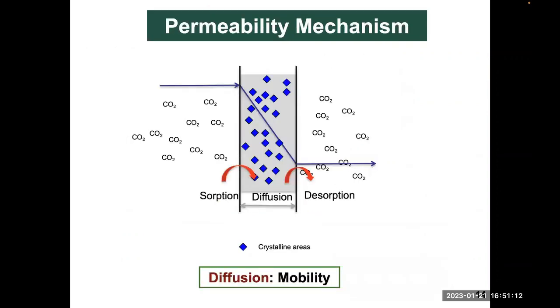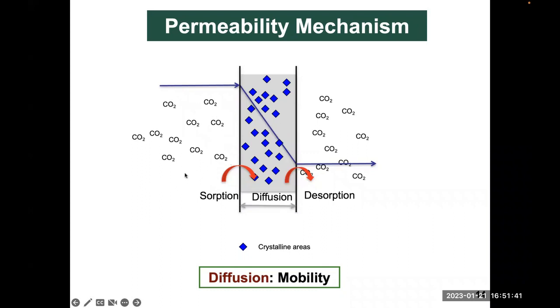So how does permeability mechanism occur? So consider this cross section of the film, and you have diamonds here. Now you have these diamonds. Consider those diamonds as crystalline areas and rest of the polymer as amorphous areas.